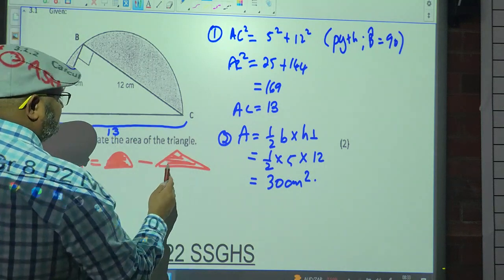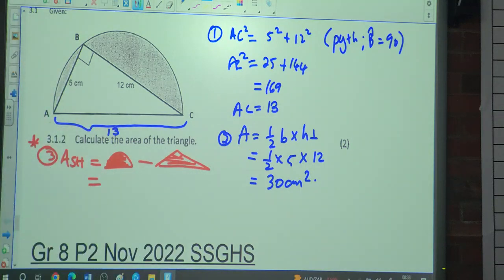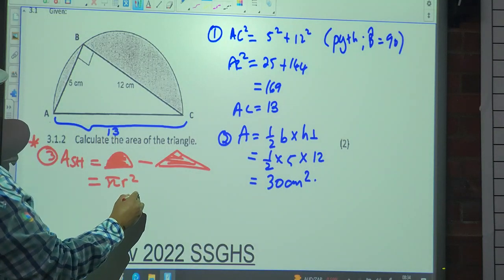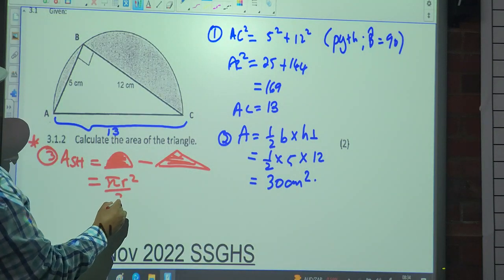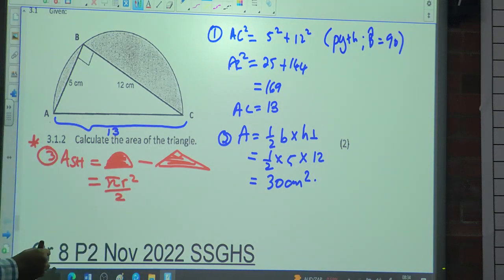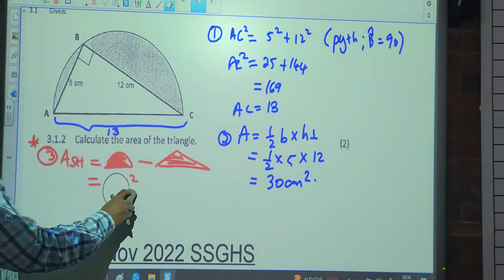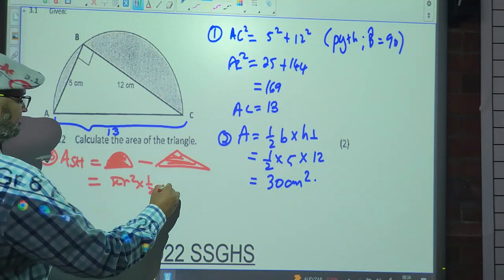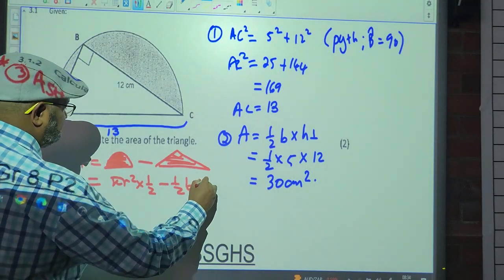How do you calculate the area of a circle? Pi r squared. So I must divide it by 2 because it is a semicircle, or multiply by half. It will be pi r squared multiplied by half, minus half base times perpendicular height.